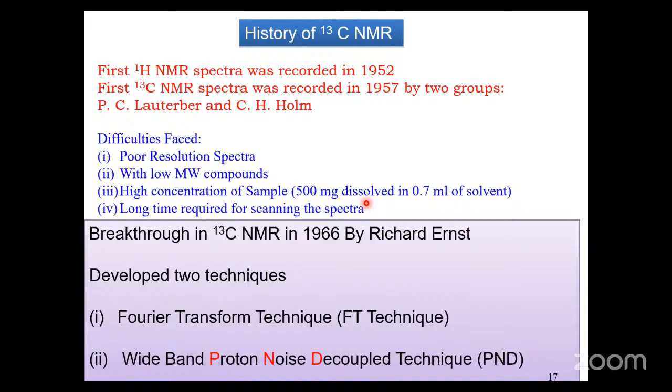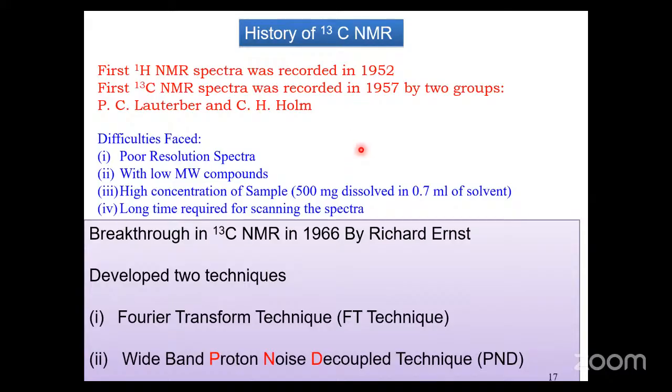And usually for getting one scan, they were engaging the machine for almost 1 week. Engaging the machine for 1 week is very difficult. So these were all the difficulties in the early 1950s.